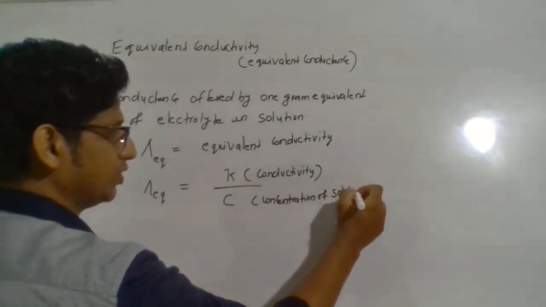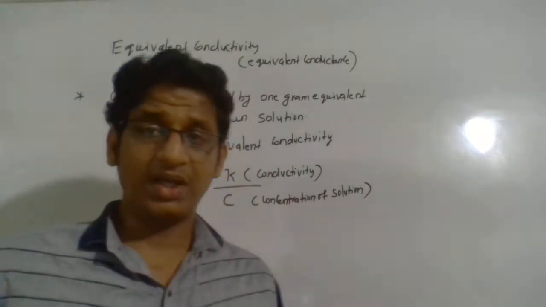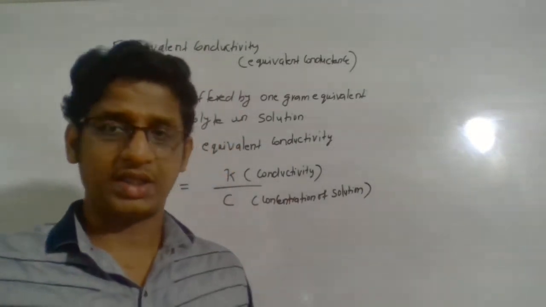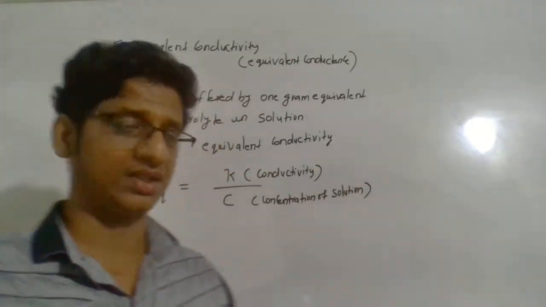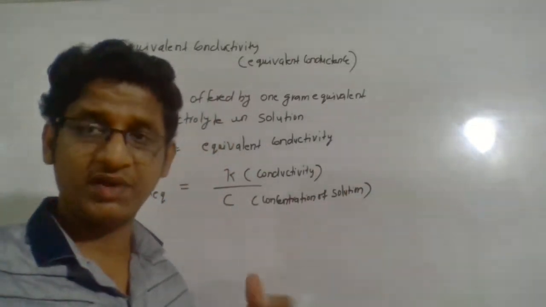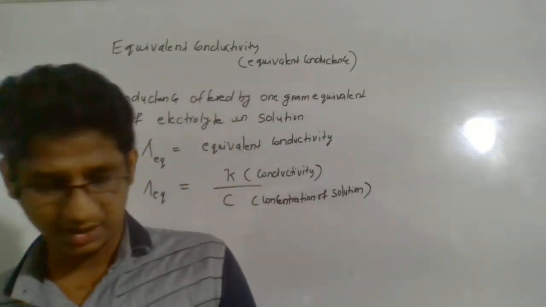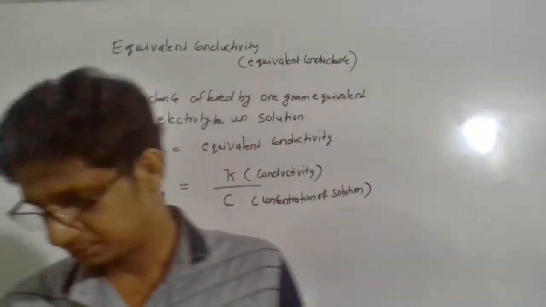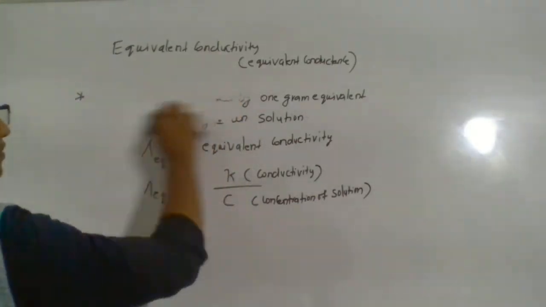This equation we can use to find the equivalent conductivity or molar conductivity. This is the general equation we will use. Since this is an equivalent conductivity, instead of C we have to use N. N stands for normality. So normality is one of the concentration terms, right?